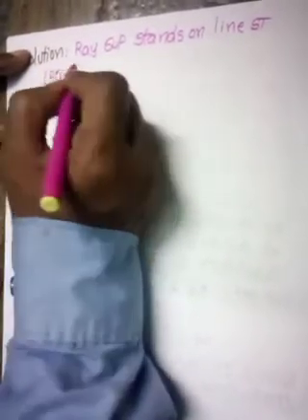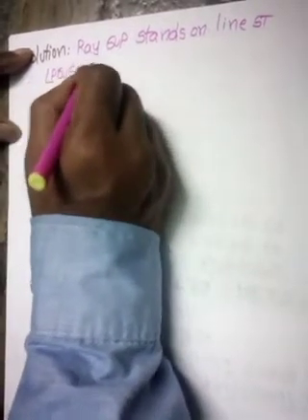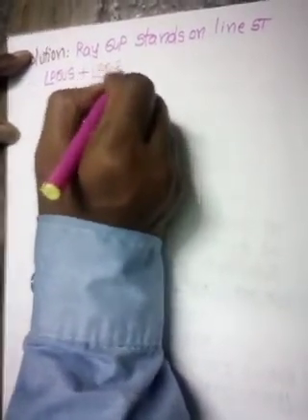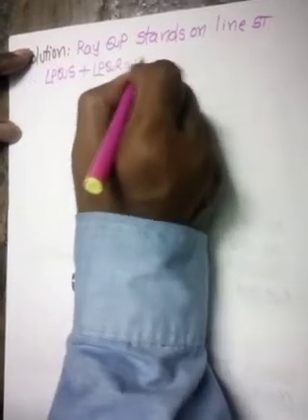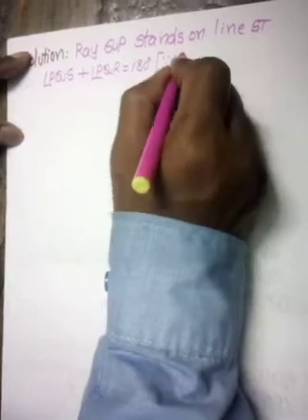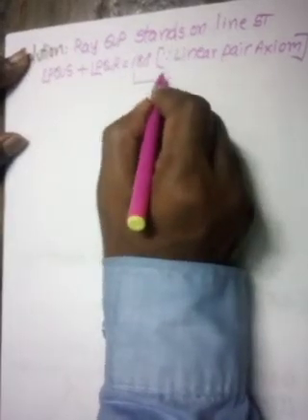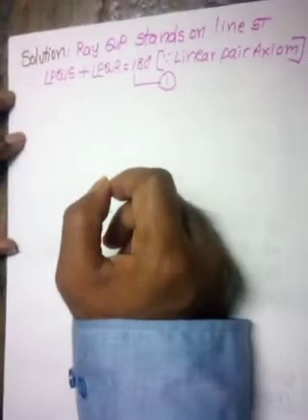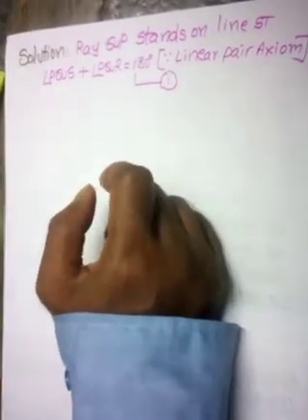Angle PQS plus angle PQR is equal to 180 degrees by linear pair axiom. Linear pair axiom. Understood this point, my children? Let us consider this result as equation 1. Okay, my children? Right.